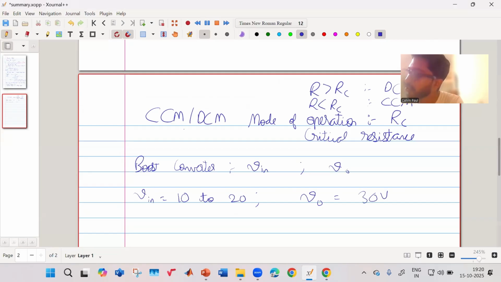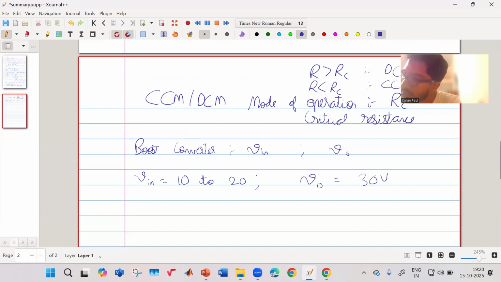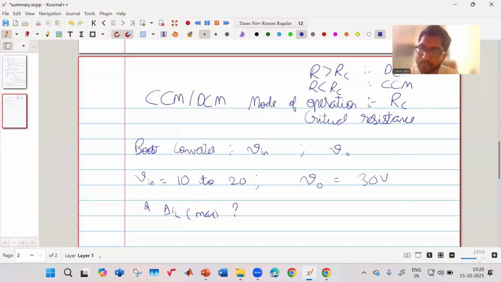You want to maintain your output voltage at 30 volt. So now, under which condition is your delta IL maximum? At which input voltage will your delta IL be maximum? For a 0.5 duty ratio. Yes. So it happens at D equal to 0.5.